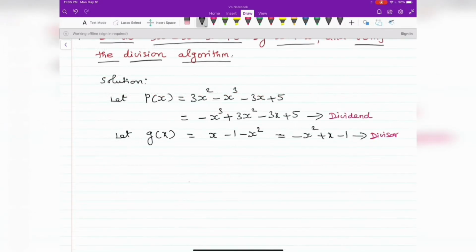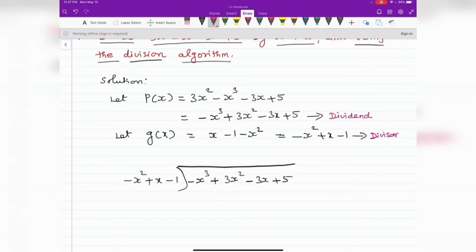This is going to be minus x cube plus 3x square minus 3x plus 5, and I am going to divide this by minus x square plus x minus 1. If you see the dividend, the first term is minus x cube, whereas in the divisor, the first term is minus x square.